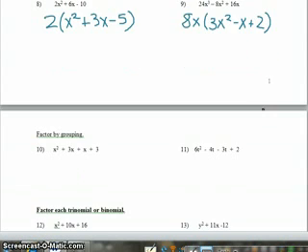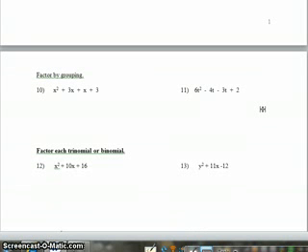Number 10, we need to factor by grouping. So what that means is we need to put these in parentheses and factor something out of this. Well, an x is part of both of those. We'll put x here. Open our parentheses. X squared divided by x is x. Plus 3x divided by x is 3.